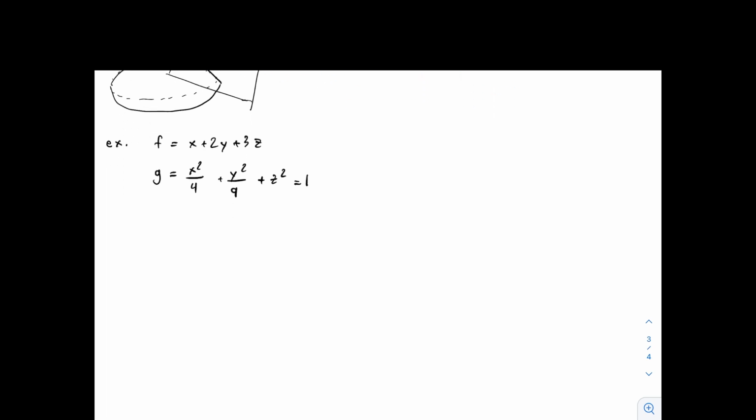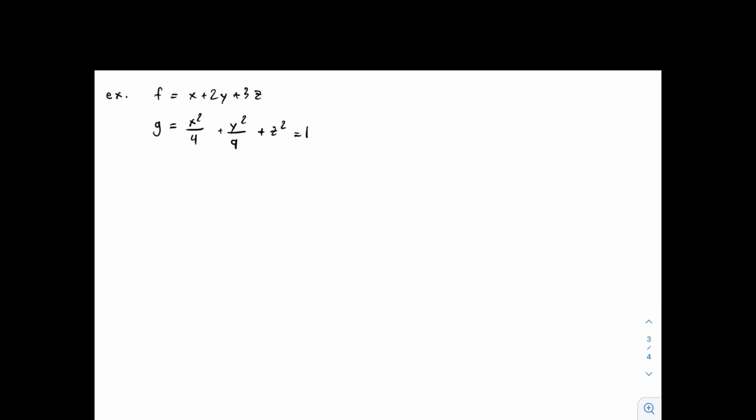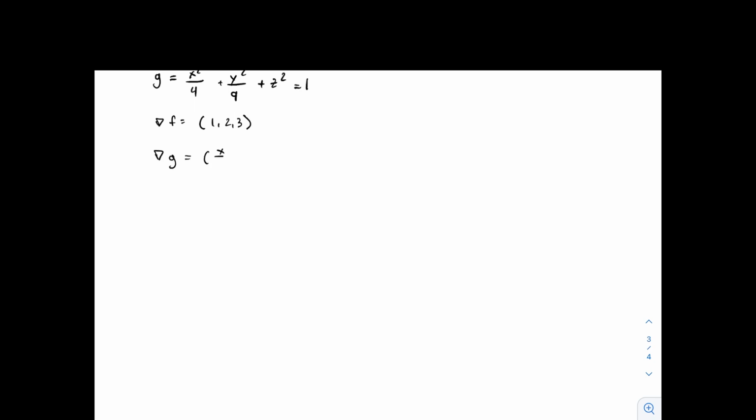Anyways, applying the formulas from above, let's first find that our gradient of f is the vector 1, 2, 3. And the gradient of our constraint function g is x over 2, 2/9 y, and 2z.